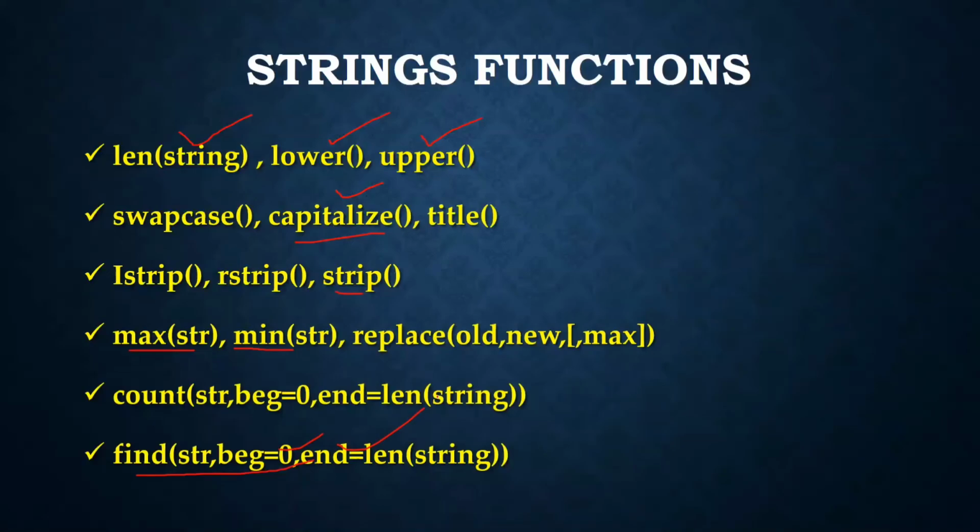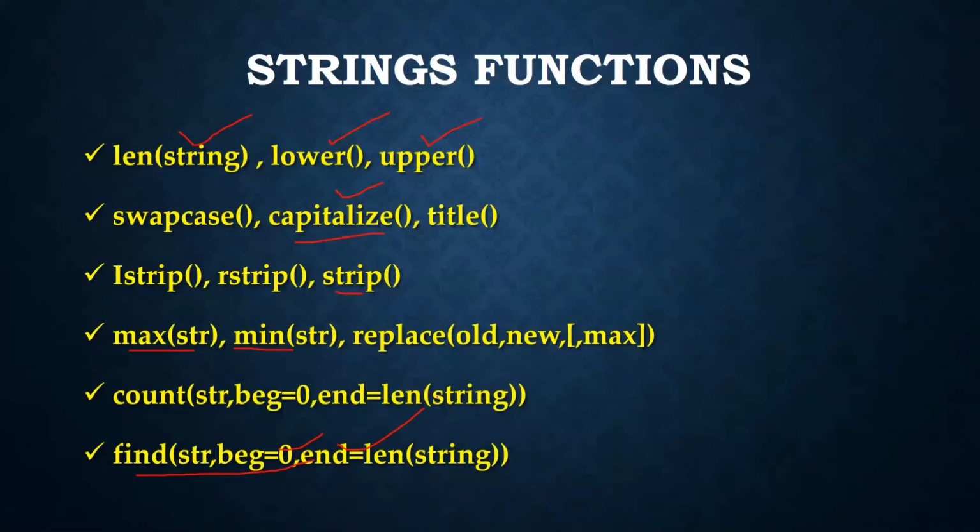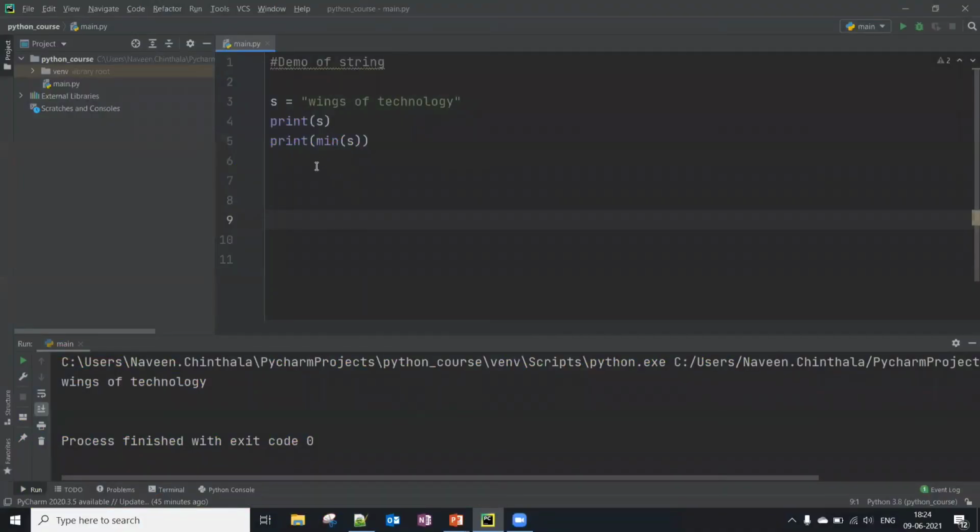And then we have the isdecimal function, that returns true if a Unicode string contains only decimal characters and false otherwise. And we have other functions like isalpha, isalnum or isdigit. Let's say one example is isalnum.